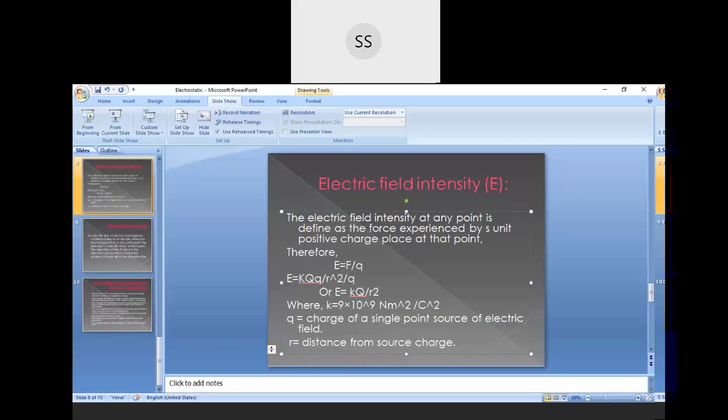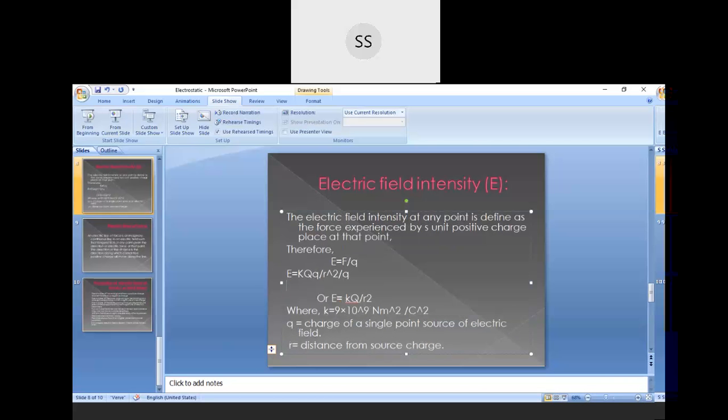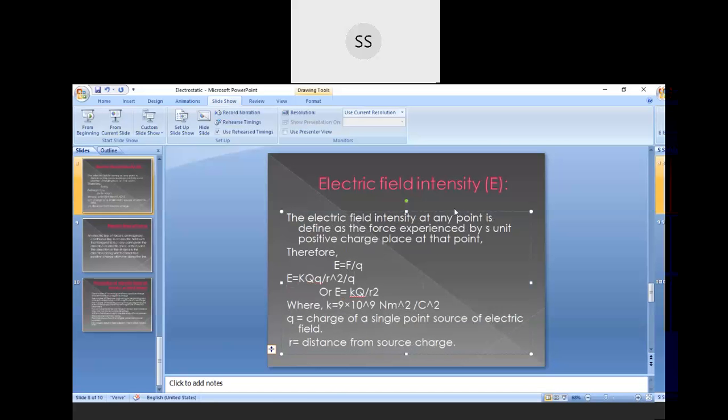Sorry, not small q, divided by this q, and this q will be cancelled out, and the final equation will be E equals kQ by r square. This will be the final equation. This q and this q will be cancelled out.